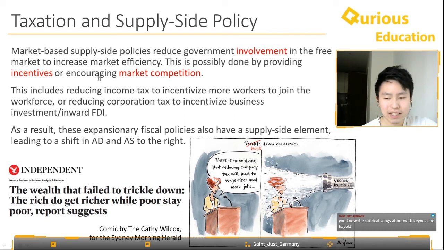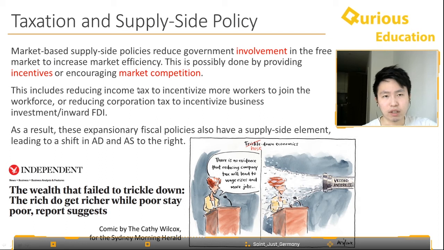Okay, taxation and supply side policy. Like the government spending as well, taxation can also be a type of supply side policy, because supposedly if we cut taxes on businesses, they would have more money, and when they invest, then this might increase the overall level of production in the economy in the long run.